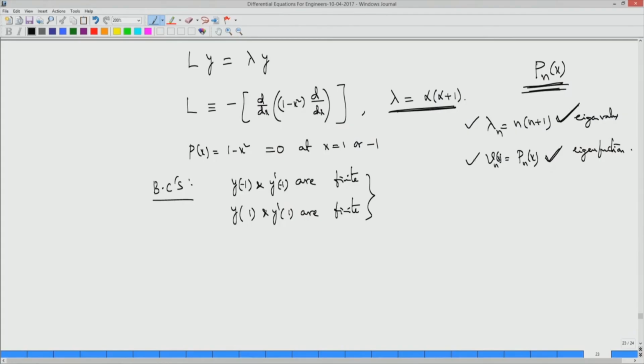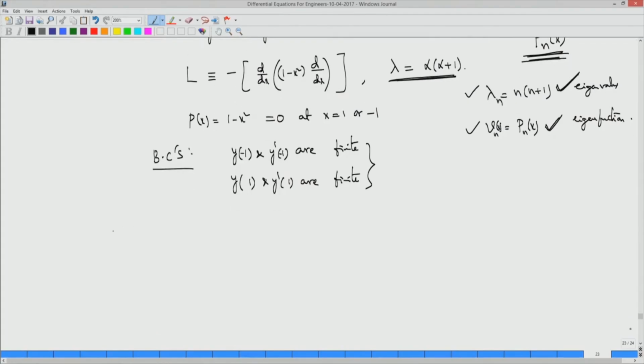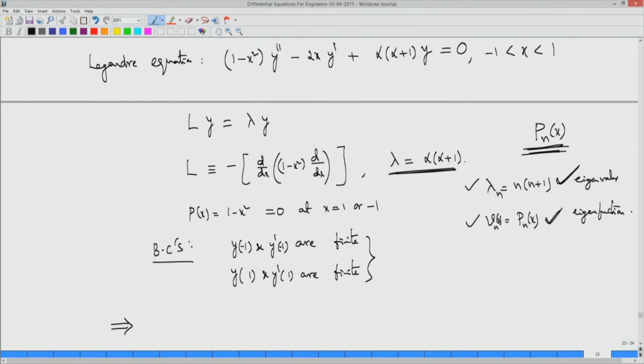In this case, immediately, what is the dot product? You can see there is no W, W is 1. So, the dot product f g is actually the integral from -1 to 1, because the domain is from -1 to 1, of f(x) g(x) bar dx.